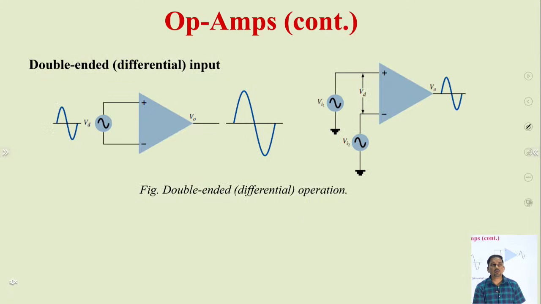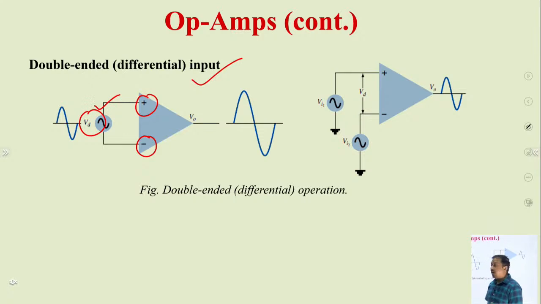Next, after these single-ended inputs, we are dealing with the double-ended input, which is also called a differential input. As the name suggests, double-ended means we are utilizing both positive and negative inputs, and the voltage we are getting is VD, which is a differential voltage.